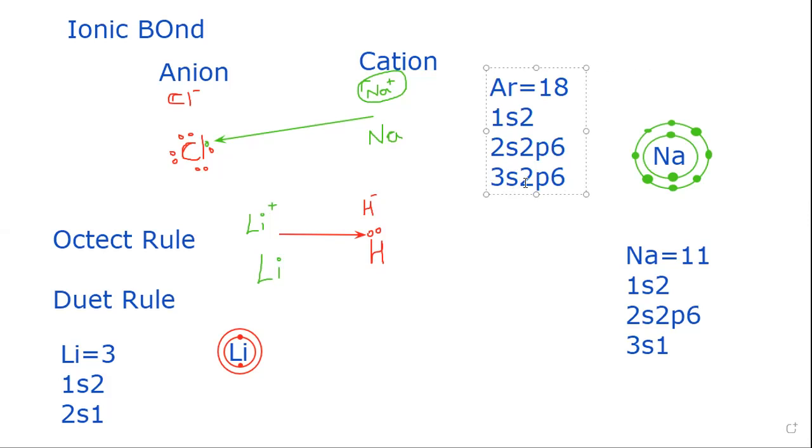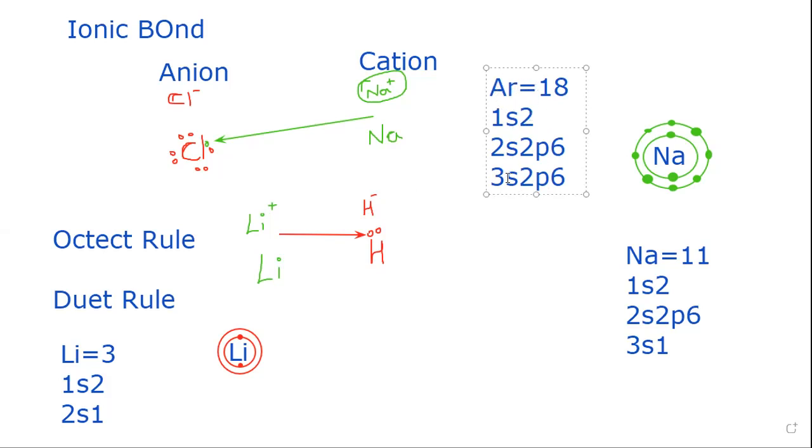And the same thing you can say about helium. Helium has 2 electrons in the outermost energy level, so it reached the duet rule. It's one of the small elements, and it has 2 in the outermost energy level, so it's stable. Argon has 8, neon has 8, krypton has 8, and as long as an element has 8 electrons in the outermost energy level in the natural state, it is a noble gas.